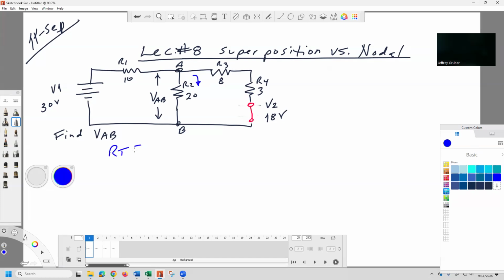So RT is, and I'm not going to write the formula for total resistance. You guys should know that by now. I'm just going to write it. It's 10 plus 20 in parallel with 11. Do you see it?